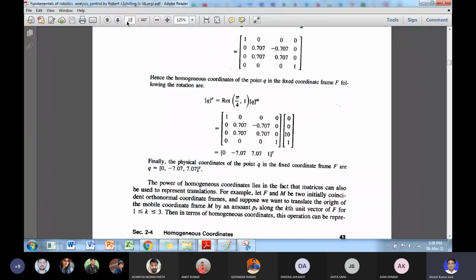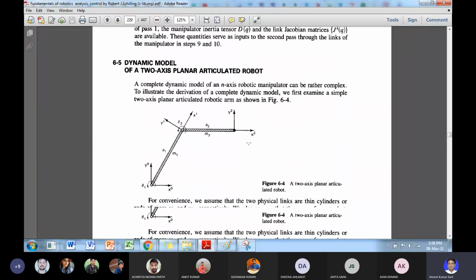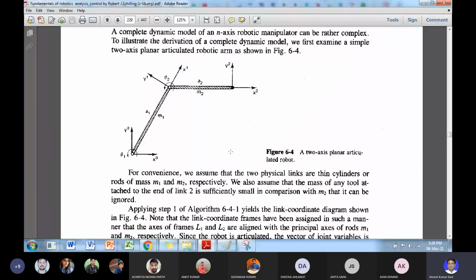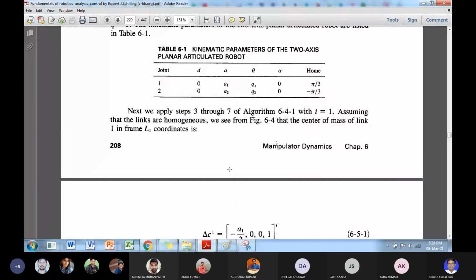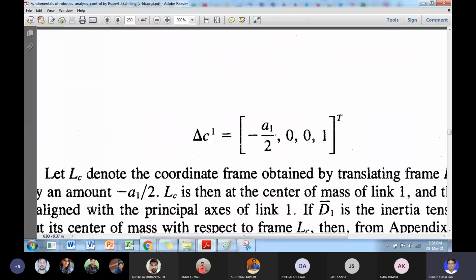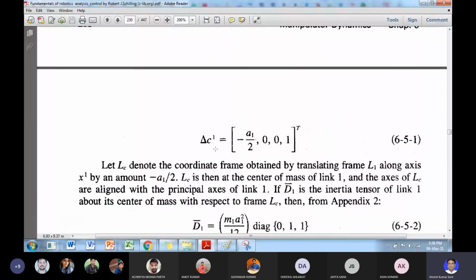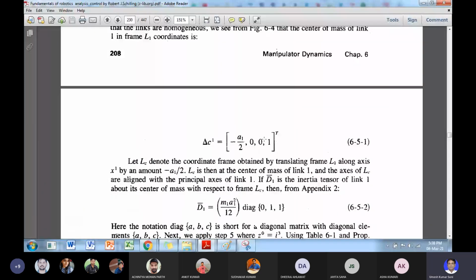So here you have found this, and this element, px, py, pz, and 1. Clear? Are you clear about this? Yes, sir.